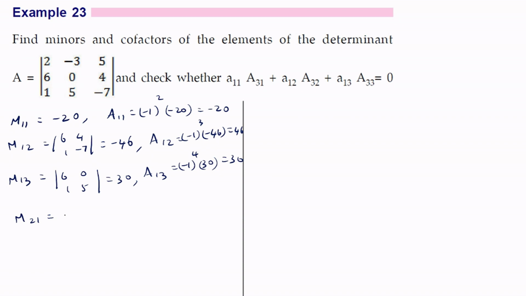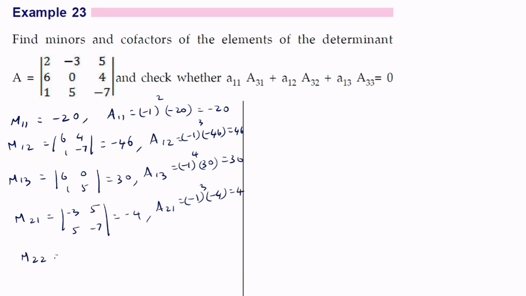It is the determinant obtained by deleting the second row and the first column. So it is minus 3, 5, 5, minus 7. So this is 21 minus 25, which is minus 4. The cofactor is minus 1 the whole cube into the minor, which is minus 4. So it is minus of minus 4, which is 4.